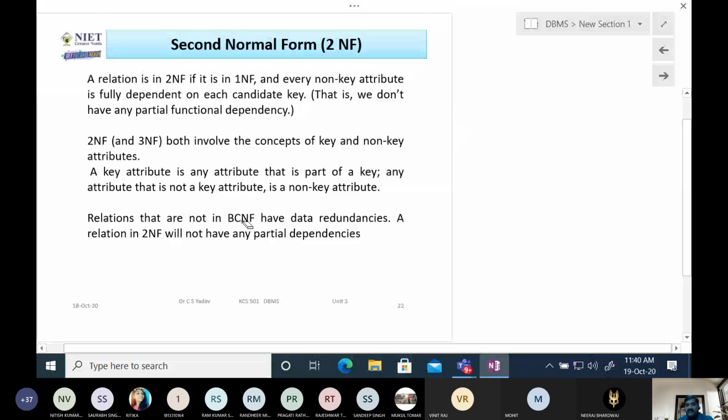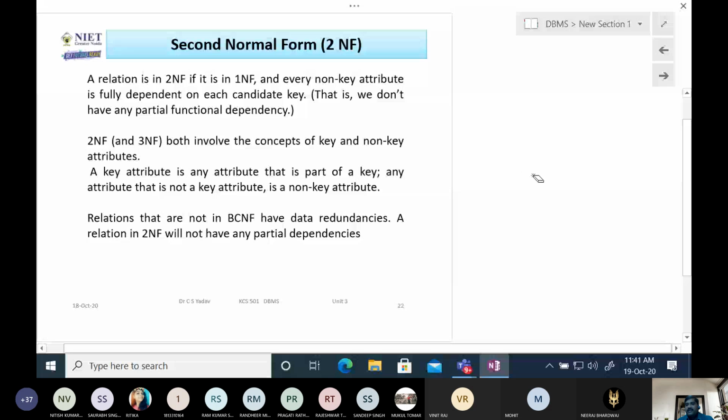Relations that are not in BCNF have data redundancies. A relation in the second normal form will not have any partial dependencies. So you can say that if a table is in first normal form, obviously there is a lot of redundancy. If we decompose that first normal form into second normal form, then there is less redundancy, but still redundancy due to transitive dependency.